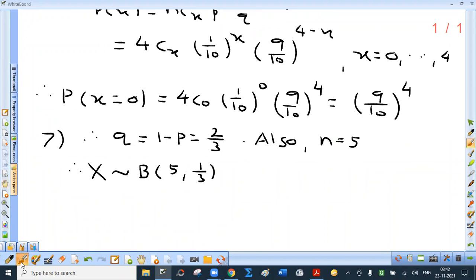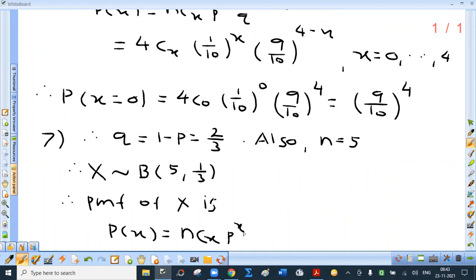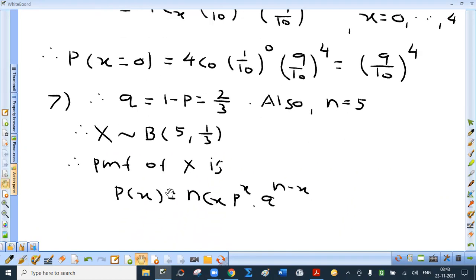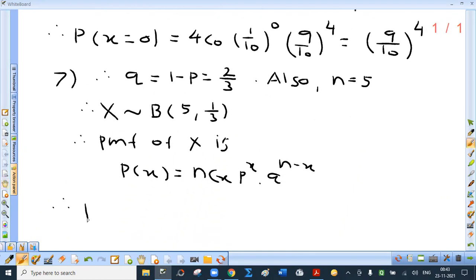Okay. After that, PMF, probability mass function. PMF of X is P of X equal to nCx, which can be remembered easily. I have explained the logic also. P raised to x into Q raised to n minus x. So here you have to substitute particular values. n equal to 5.